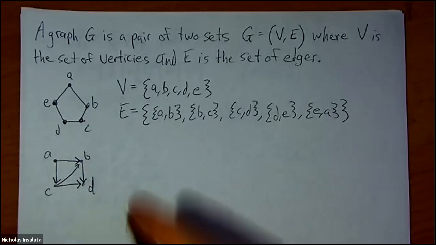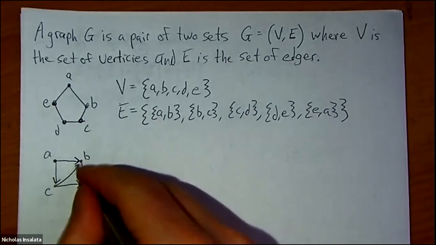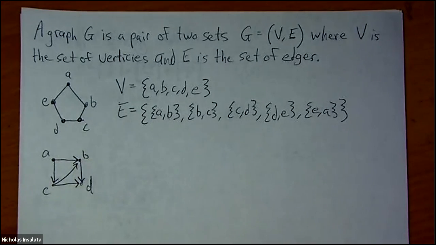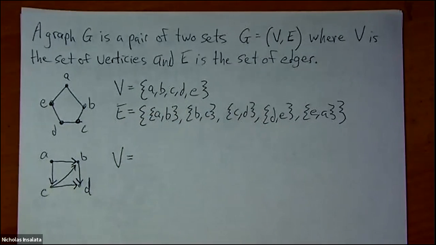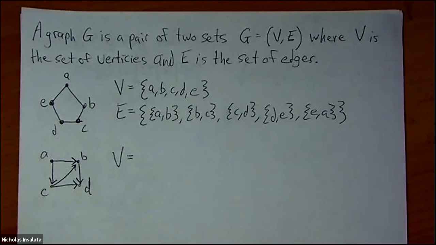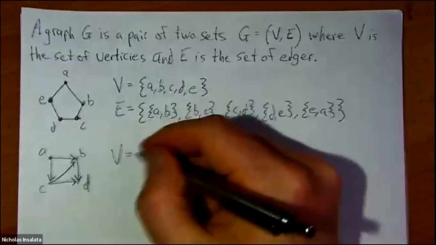Now you can see there's a direction associated with each edge because there's a little arrow. So what would my vertex set be in this case? Good, A, B, C, D.